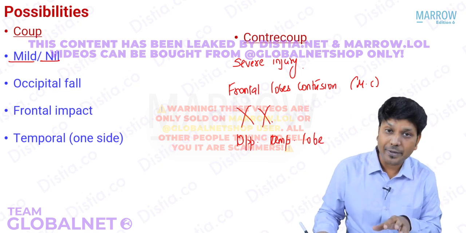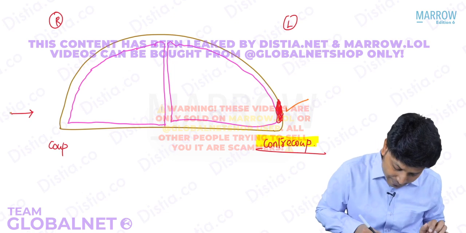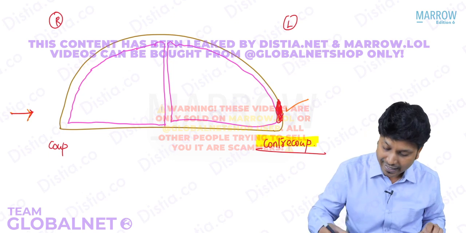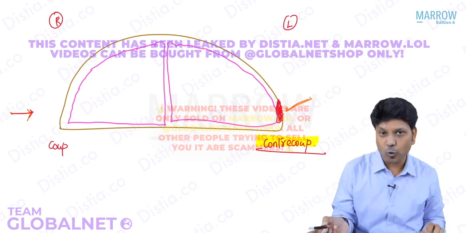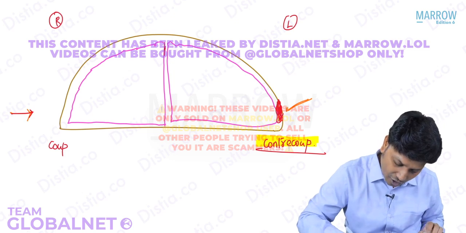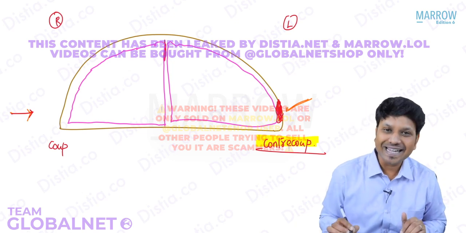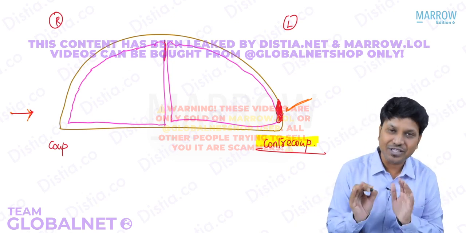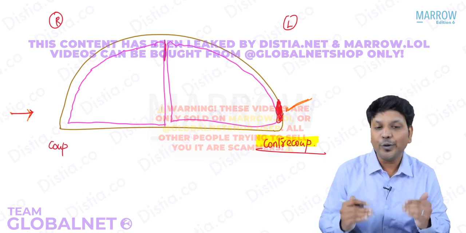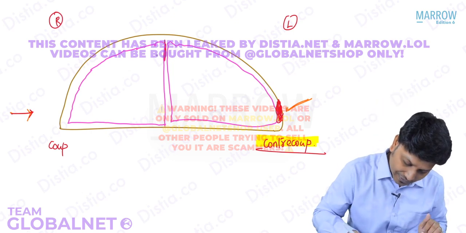But sometimes, even though you have an injury at the coup side, one side temporal region, you not only get the contracoup site at the opposite side lobe, we also get contracoup lesions in the contralateral surface of the ipsilateral lobe. Okay. What is that? Don't get confused. It's very, very simple. If you get a coup injury at one side temporal region, we also get a contracoup injury at the opposite surface of the ipsilateral lobe, the same side lobe.